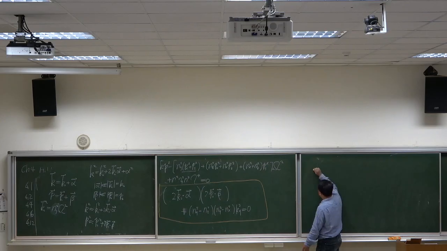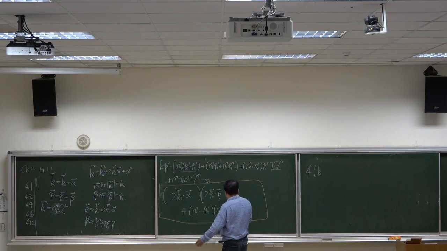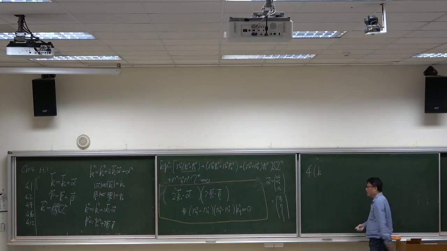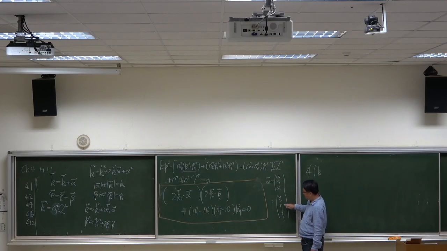Then this means that we have 4K naught. We write alpha x, alpha y, alpha z as c, eta, zeta, according to the notation in the textbook.